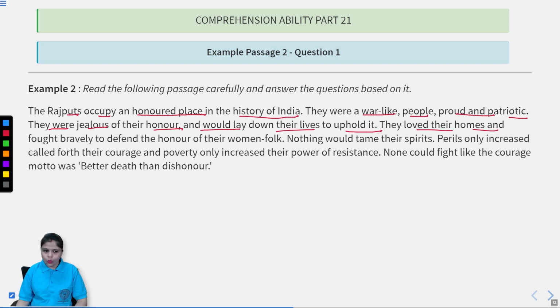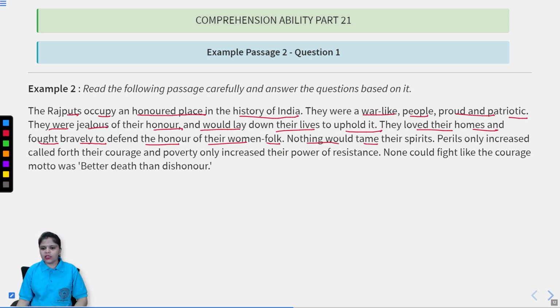They loved their homes and fought bravely to defend the honor of their women folk. Also, one quality of a Rajput is that they love their homes and home people a lot. They can even die to defend the women of their culture, of their home, of their motherland.